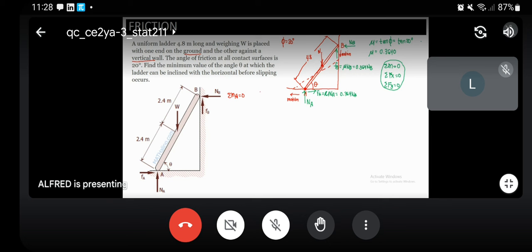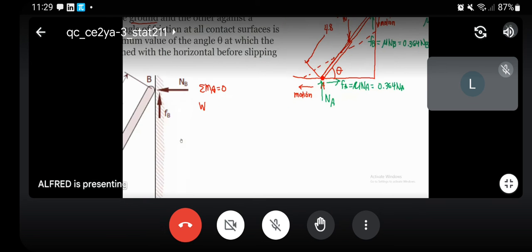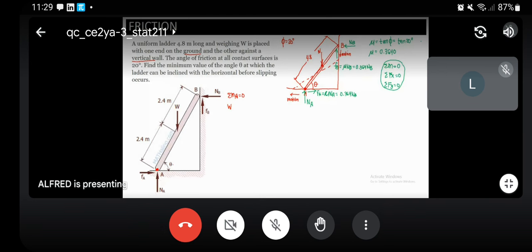Okay, let's see. So eto si W, eto si point A kung saan tayo nagmo-moment. Vertical force, ang distance natin is horizontal distance. So where is the horizontal distance? So ito yung distance na yan. So what's that distance?